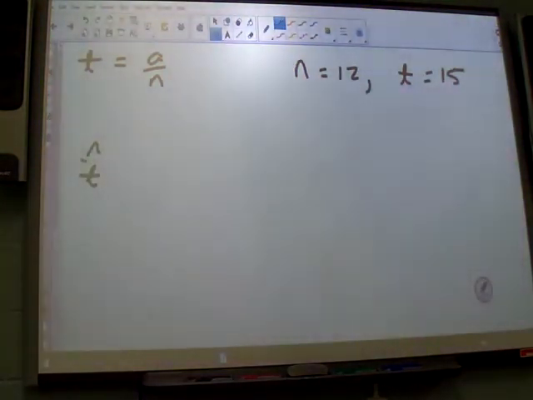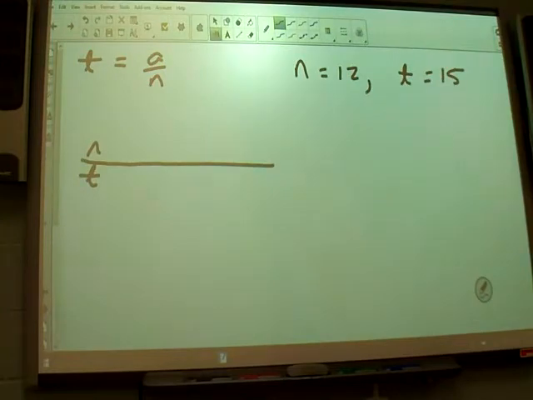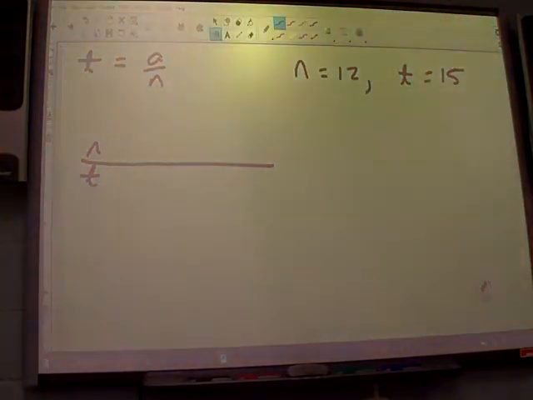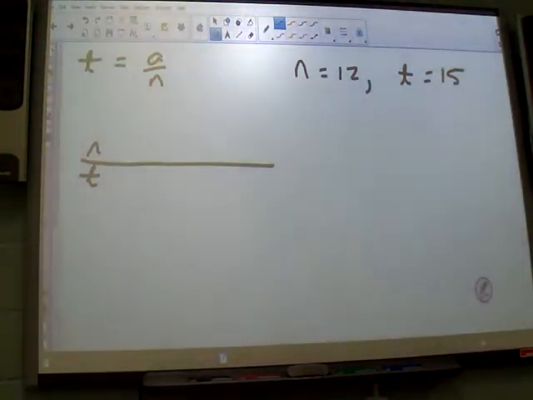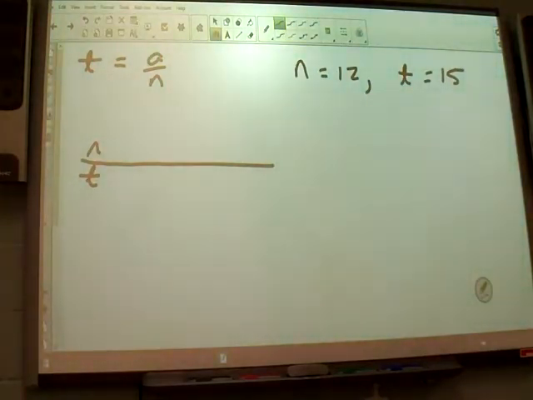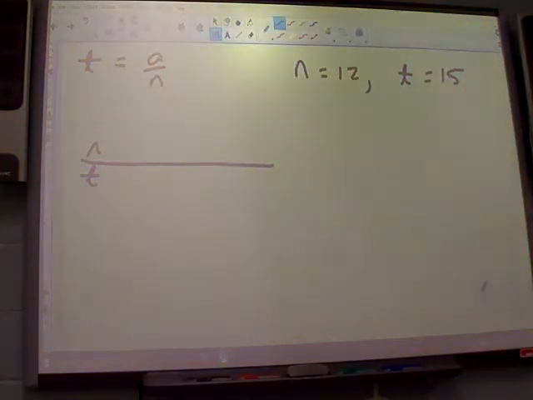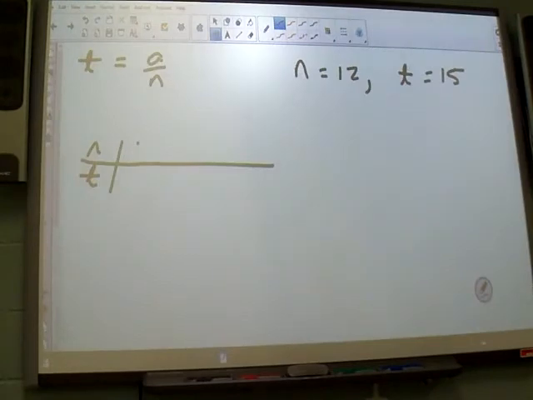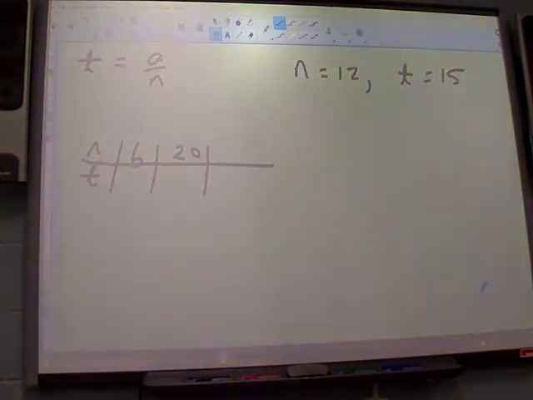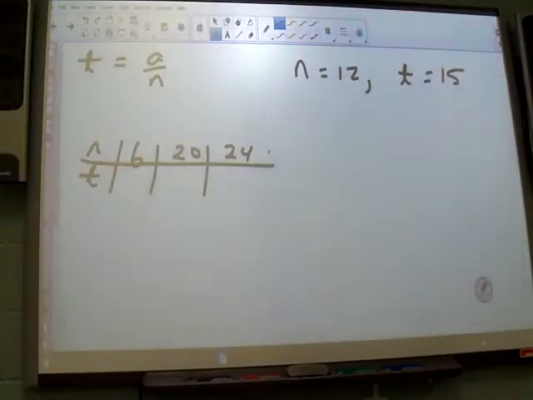It's like my X and Y, right? Put those like you would an X and a Y. Make a table showing the time it would take to build the cabin if the number of workers is 6, 20, 24, or 30.